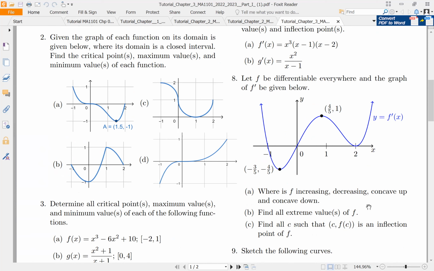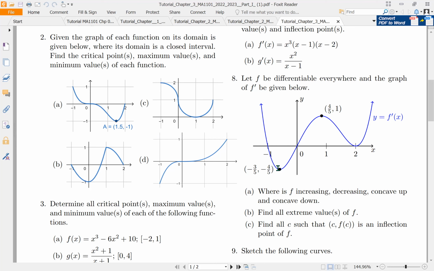Or f prime is increasing because it's going from a negative slope to a 0 slope. Okay, so I have to make sure from the graph, the value of f prime is decreasing because the value to the left is above the value to the right, right? Okay, f prime is decreasing.